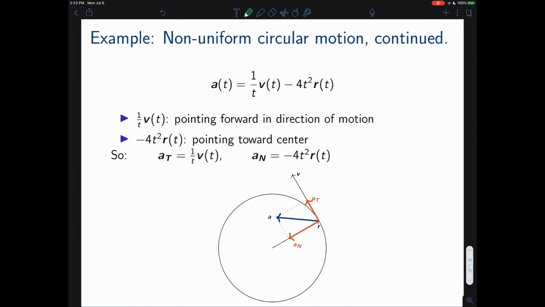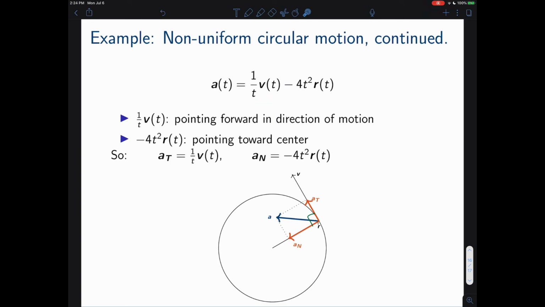And we know that v and r are perpendicular because it's a circle and the radius is perpendicular to a tangent line. This actually does give us our decomposition into a tangential part and a normal part.